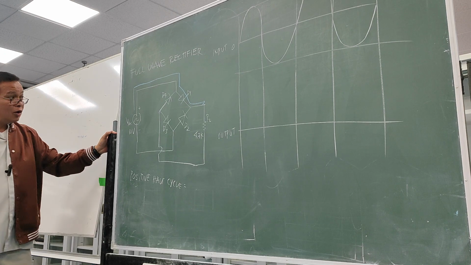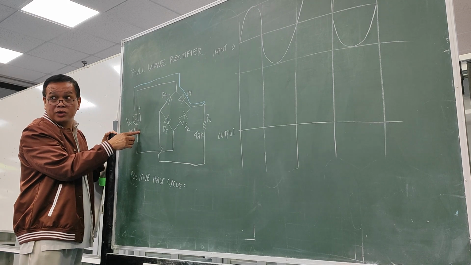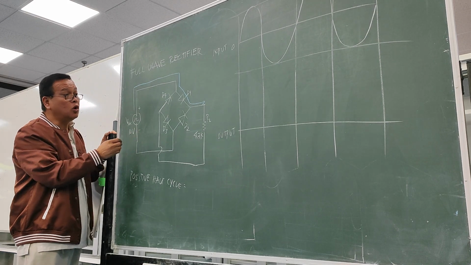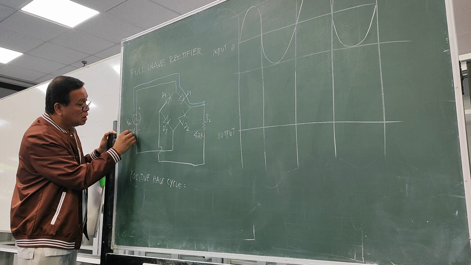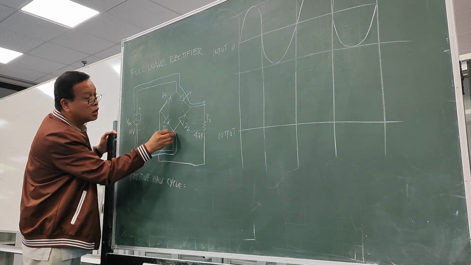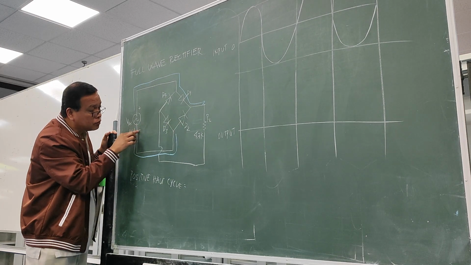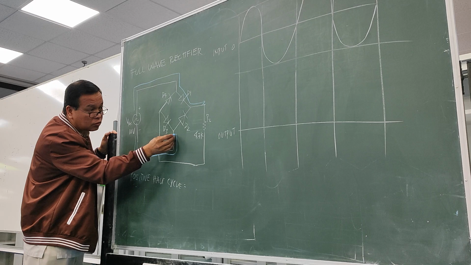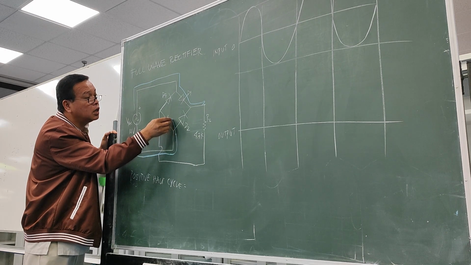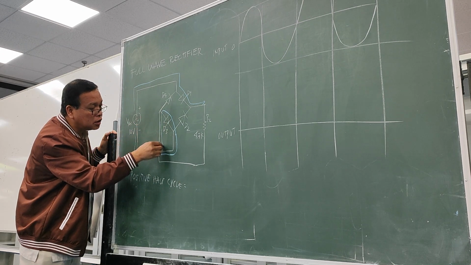And on the negative terminal, which diode now turns on? Two? The negative goes here, goes there. Why? No, which one turns on? Three. This turns on, goes there.